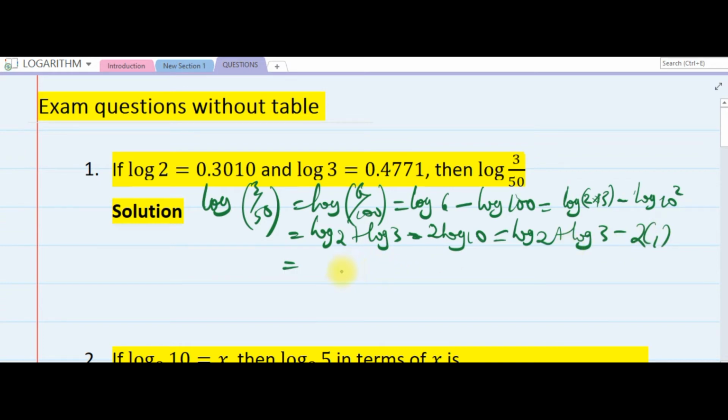So we are adding. We have log 2, which is 0.3010, plus log 3, which is 0.4771. Finally, minus 2. So let's add first: 0.7781. So minus that.